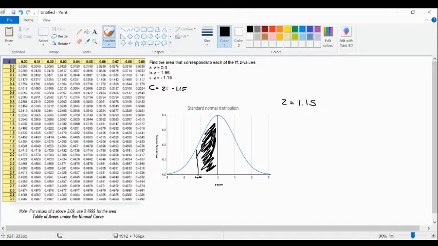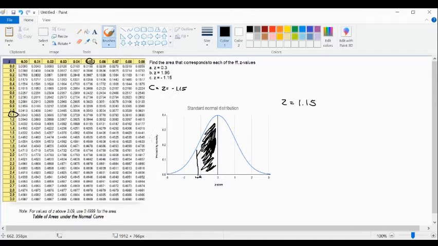For our step 2, we're going to find the first 2 digits in row 1.1. So, here it is. Hold on, I can't find my pencil. So here, 1.1. And then we locate the third digit in column 0.05. So here.